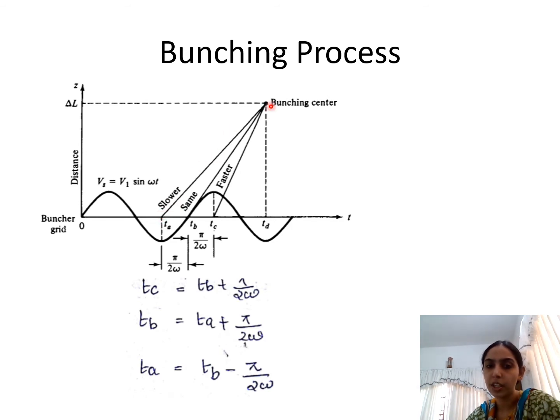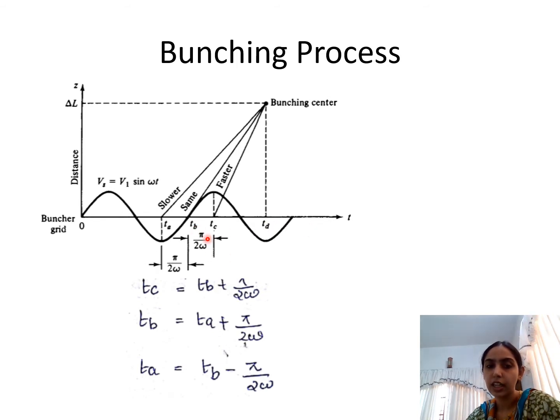At some point, all these electrons, those with unchanged velocity, those traveling faster and those traveling slower, will bunch together. At a distant point, say L from the buncher grid, there will be a bunching. Such a bunching center is shown here, with the corresponding times on the x-axis.